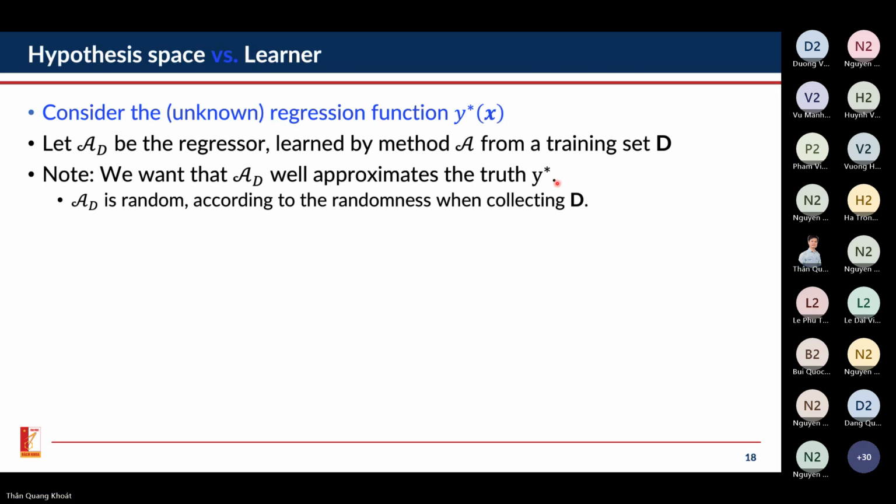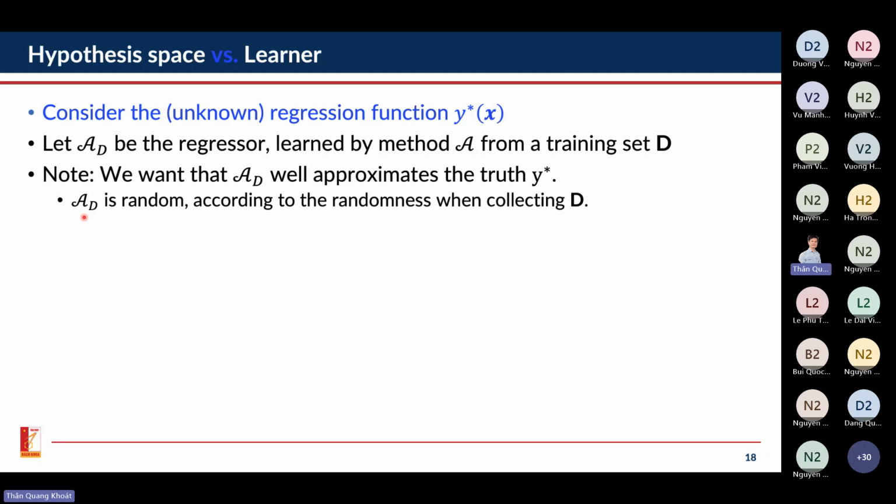However, in practice, the training set can have many uncertainties. For example, different people can produce different training sets, and sometimes the training set can have some noise or errors. So this function can be random.